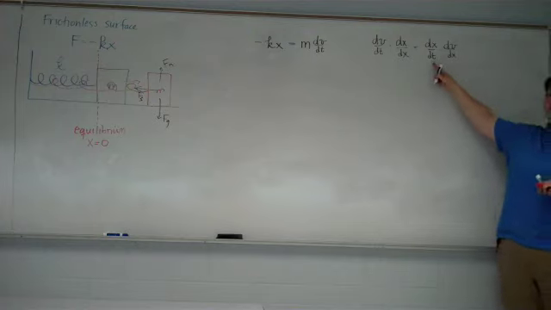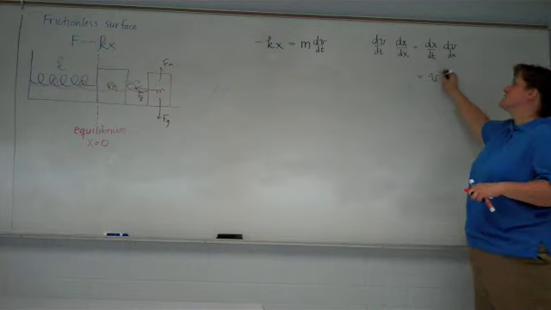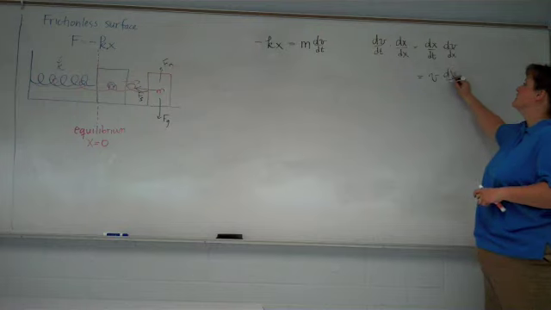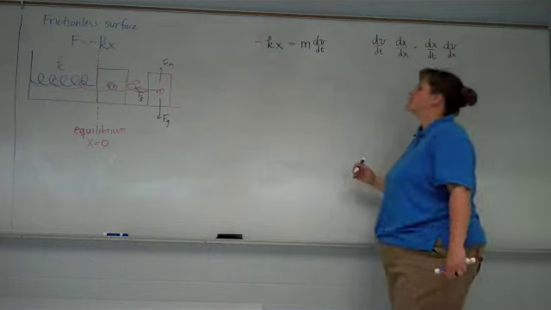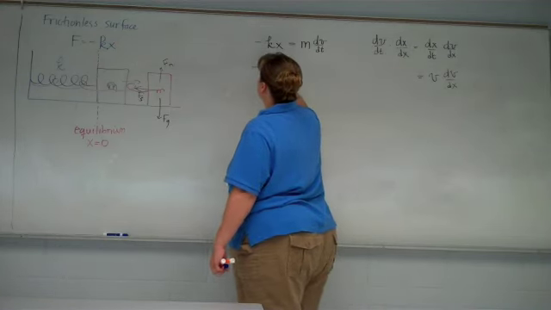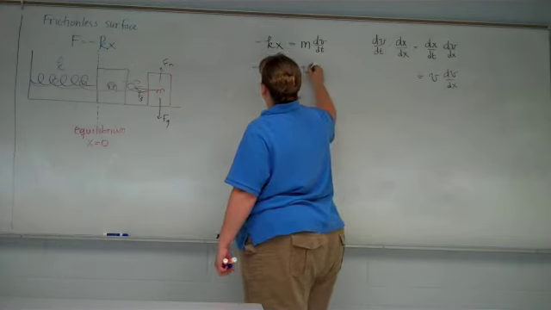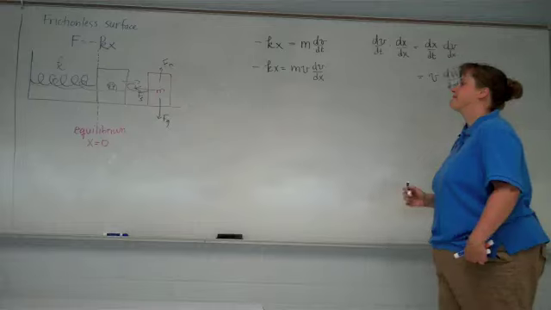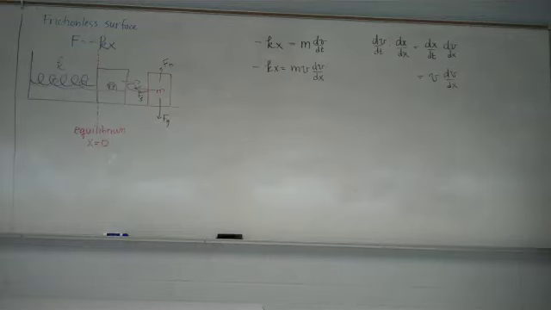But dx over dt is the speed. So plugging that in here, we can write our acceleration in terms of speed and the derivative of the speed with respect to position.